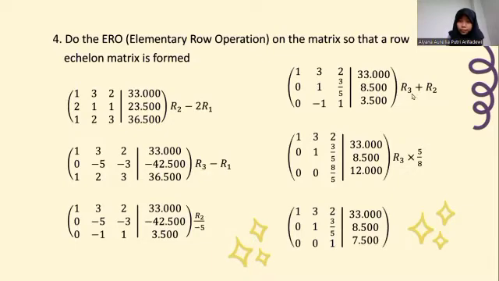And we will do addition, row 3 plus row 2, and we got 0 in here. And last step, we will multiply row 3 by 5 per 8. So we will get this matrix where the diagonal is 1 and under the diagonal is 0.